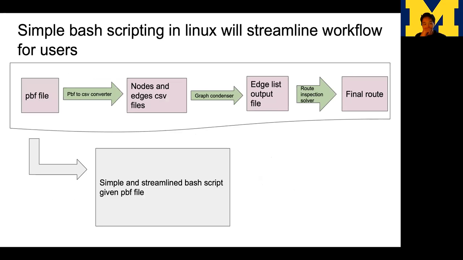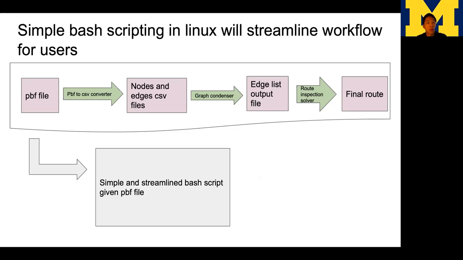So this flowchart is a summary of what I just described in the last slide. And instead of manually inputting commands and making sure that everything is up to date, we can use bash scripting in Linux that can streamline the workflow.